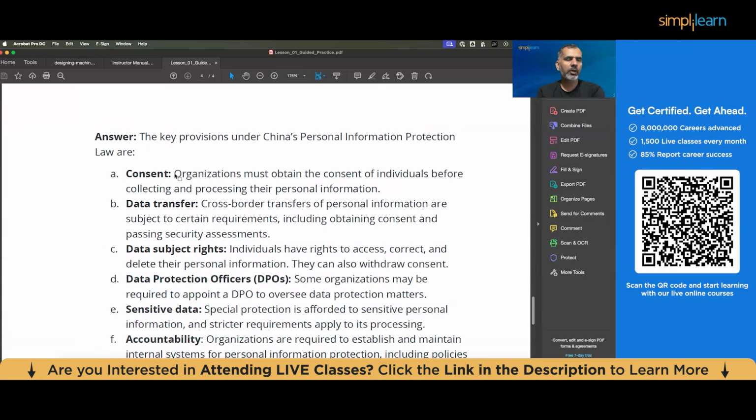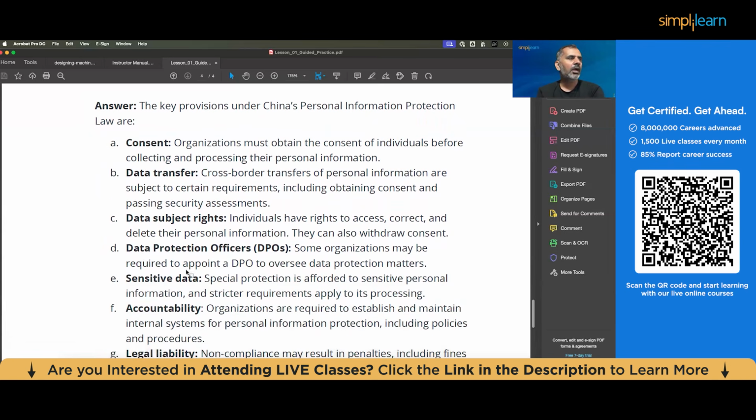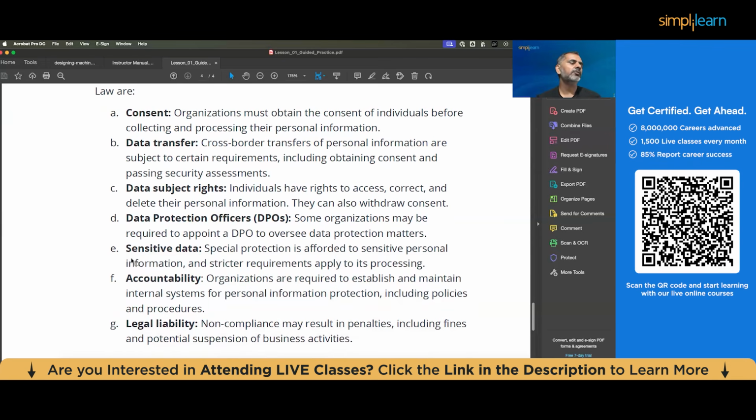That means consent: you have to take consent before obtaining the information. Data transfer, and data subject rights to access, correct and delete. There should be a data protection officer in your organization who should be the point of contact if any issue or breach happens. What is sensitive data?